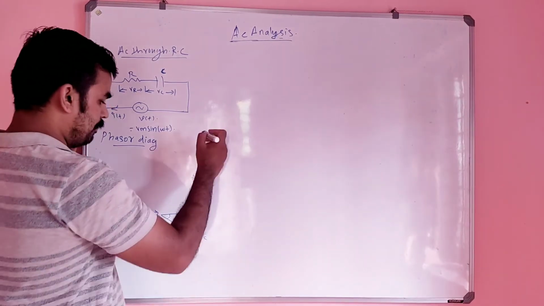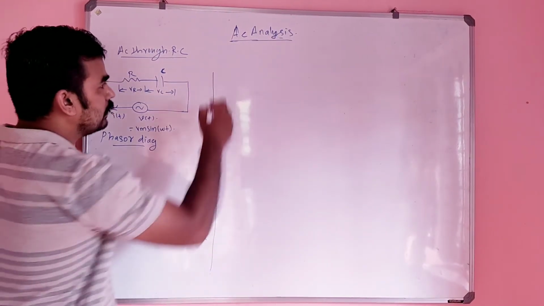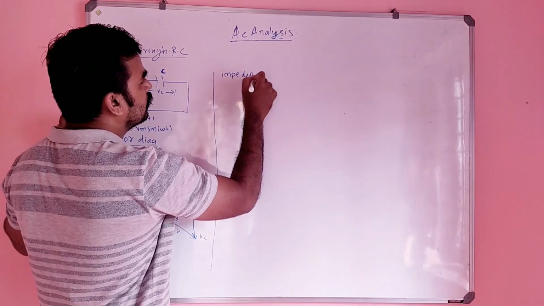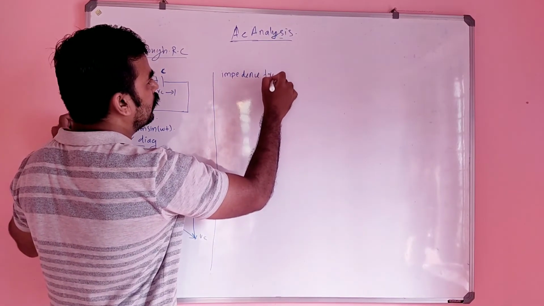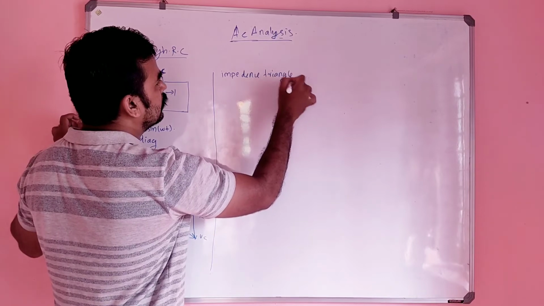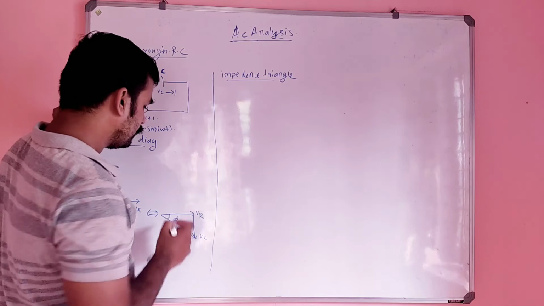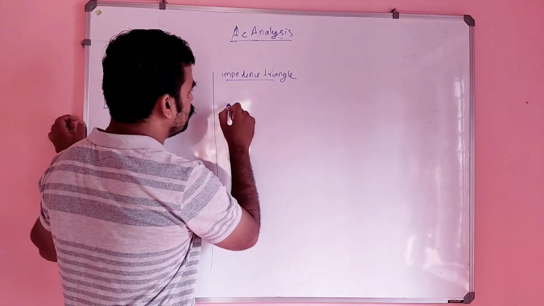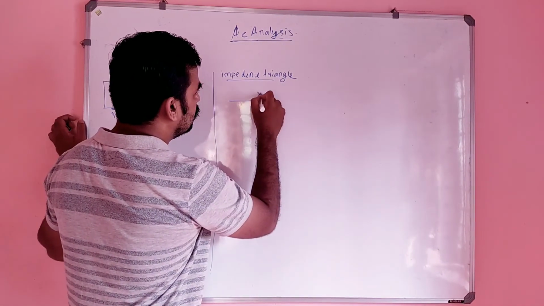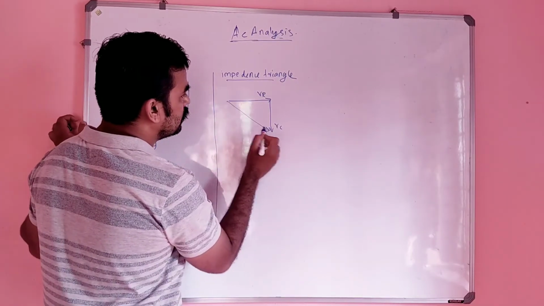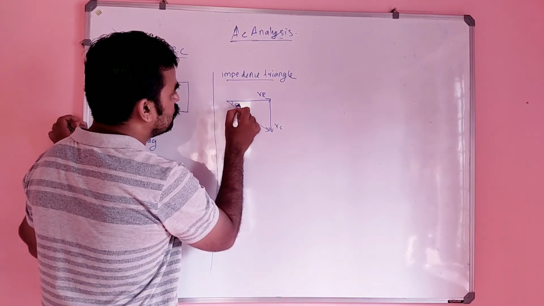Then what will be the impedance triangle? Let's see. This is VR, this is VC, this is V, and this is phi.